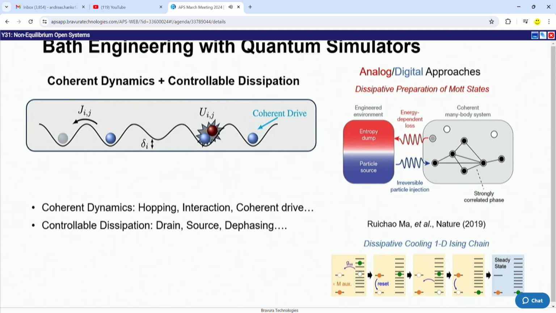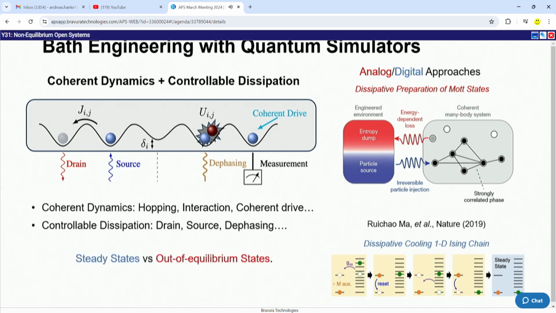Now let's shift our focus to the incoherent part. We can add external buses like drain, source, additional dephasing, and measurement. These buses may lead our system to steady states or out-of-equilibrium states, which can greatly enrich the phases of matter in this system.